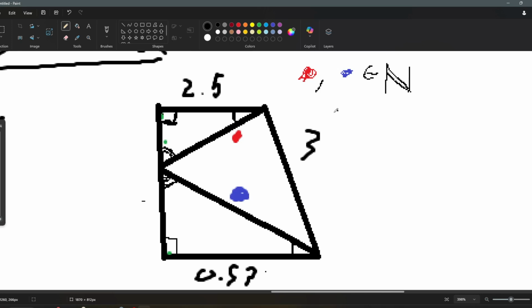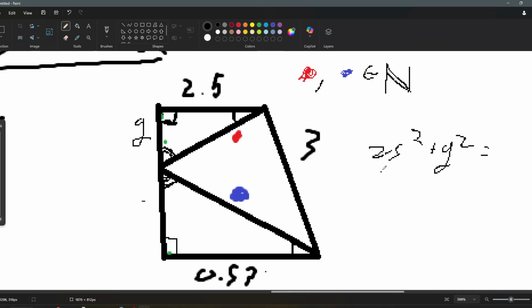And red and blue are obviously positive, they're probably integers. So 2.5 squared plus this part of the height, which I'll call g. G squared is equal to an integer.